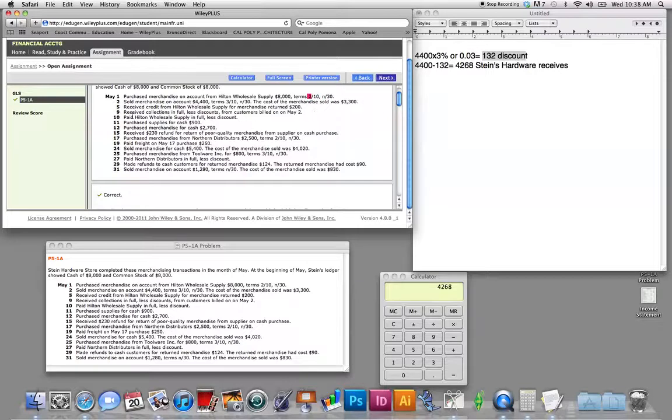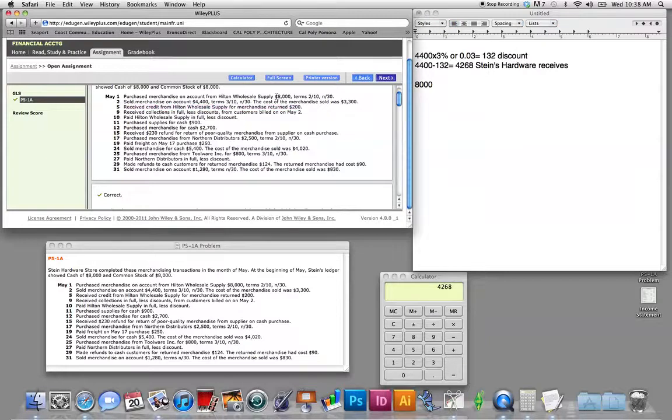Now, we also need to take into account the May 5th transaction, which we received credit from Hilton Wholesale Supply for merchandise returned on May 5th for $200. So first, let's take that return out of our amount that we're going to be needing to pay. So we do $8,000, which was the amount that we purchased the merchandise for.